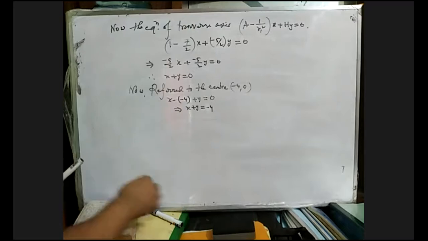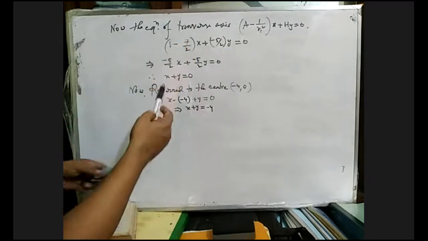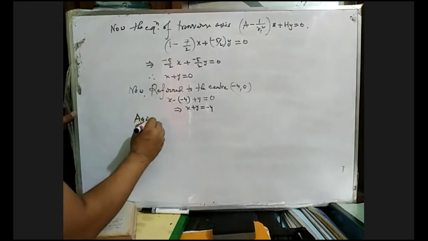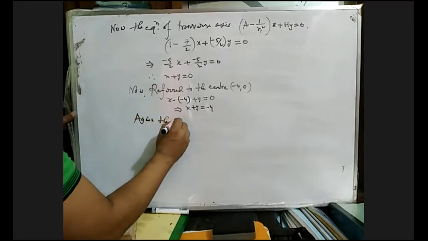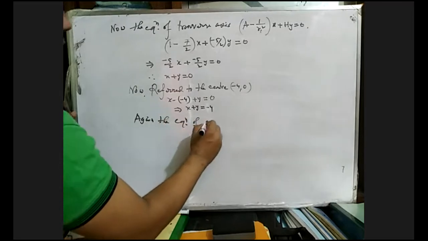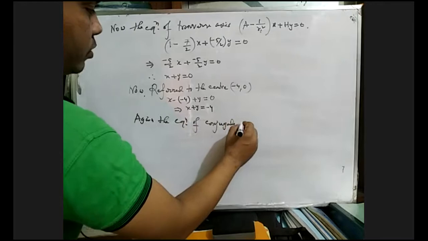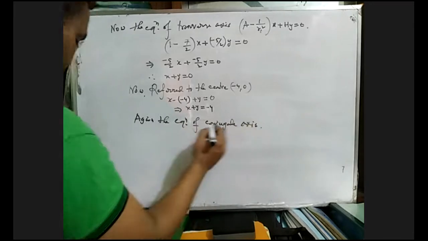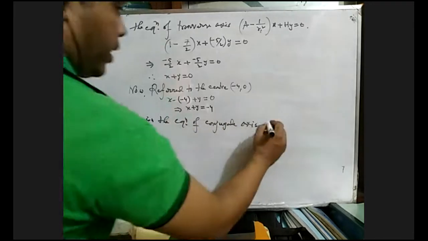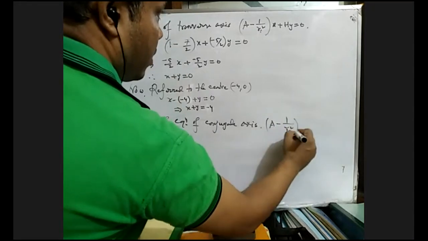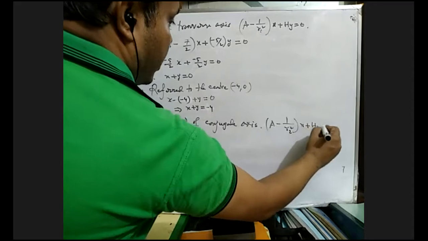Again, the equation of the conjugate axis. This is the transverse axis. Again, the equation of the conjugate axis. What will be the formula? A minus 1 by r2 squared into x, y equals what?